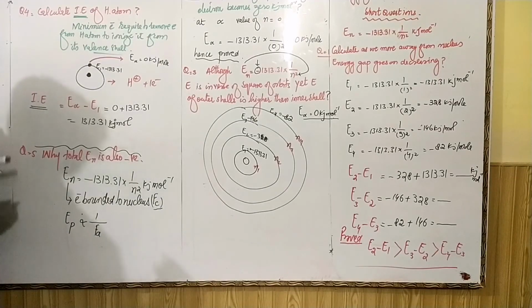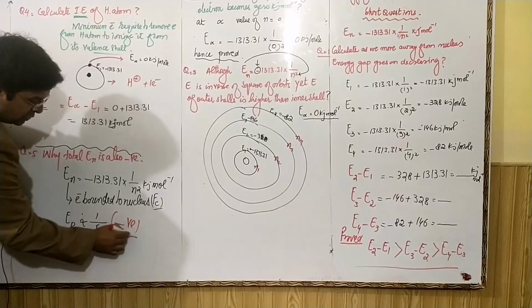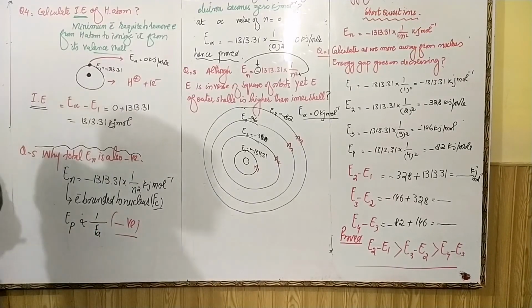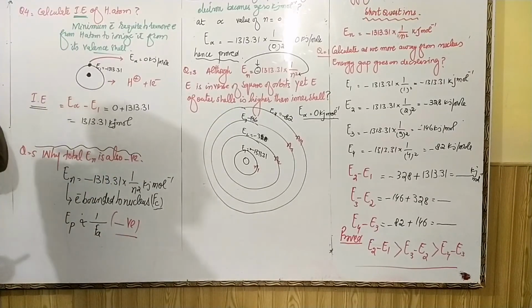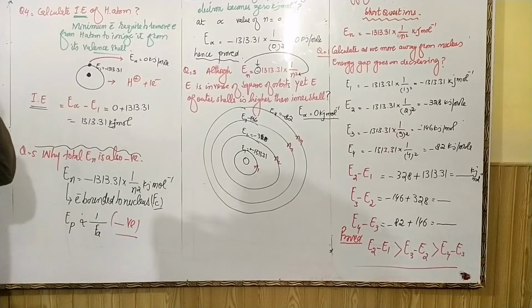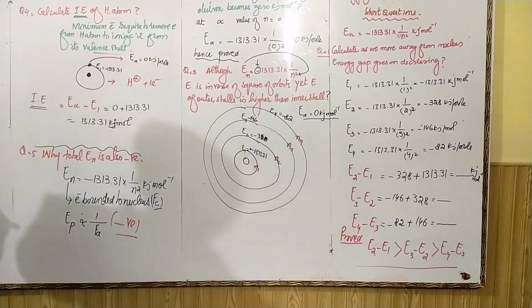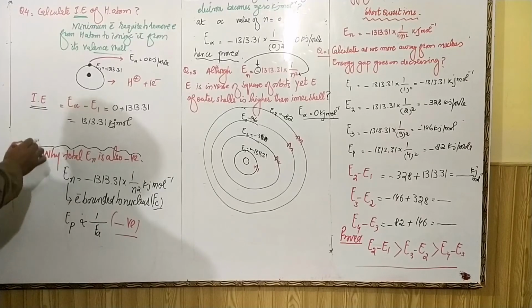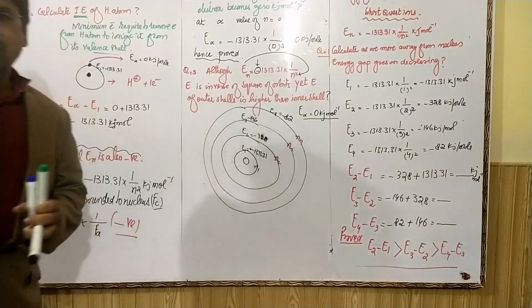From less than 0, it will also be a negative value. So due to strong force of attraction in nth shell, the total energy of electron will also be negative because electron is bonded to nucleus. So these are the total short questions which are related to energy of electron in nth shell of hydrogen atom.